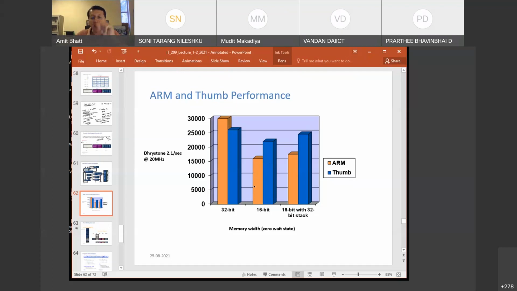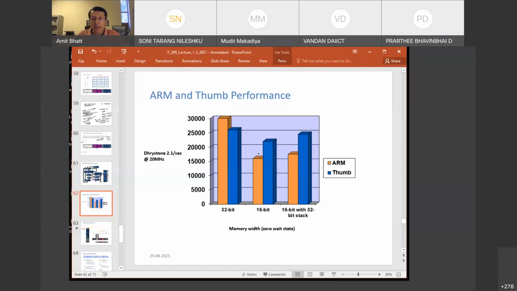So to fetch one ARM instruction, I have to go to memory twice. First go and fetch the first half of the instruction, and then go to the memory and fetch the second half of the instruction. Whereas for the thumb instruction set, each instruction is only 16-bit. So I have to go to memory only once.